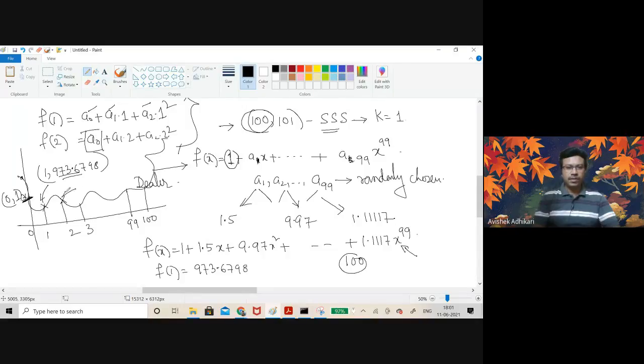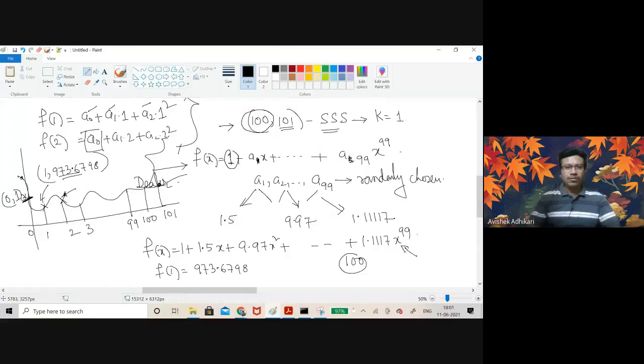Similarly, this will be given to the second participant and so on. So when 100 of them join, this is 100 and this is 101. So there is also a value of f(101).